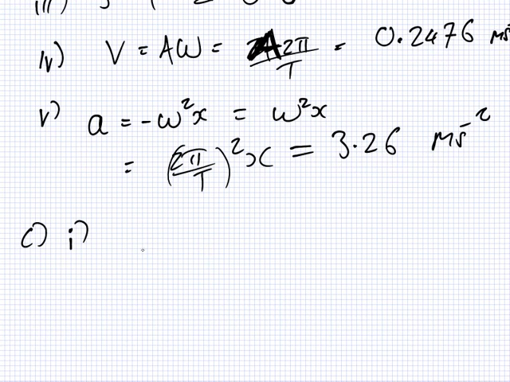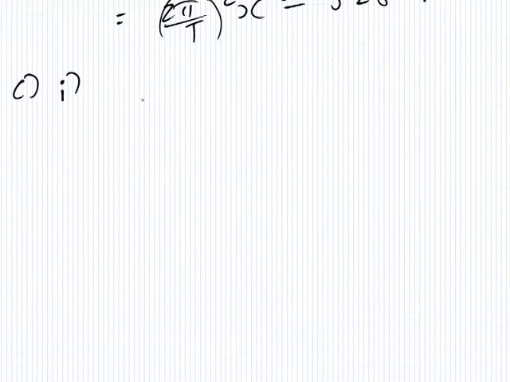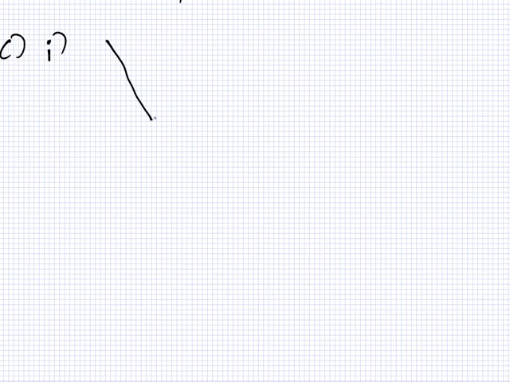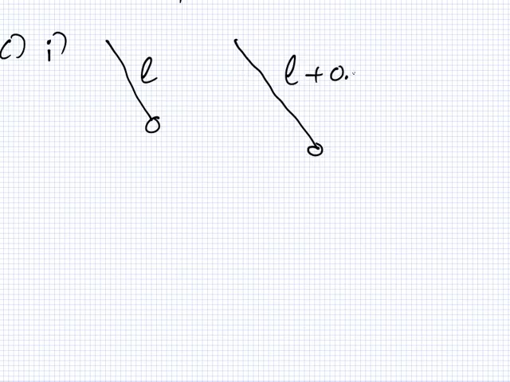Okay, you have a pendulum. Oh, this one was a little tricky. So what they have here is you have a pendulum with some length, and then you increase the length a little bit, and the time increases by 1/4 of a second.